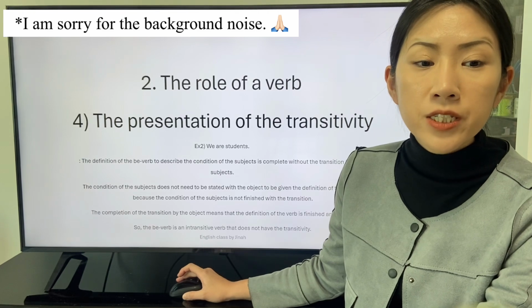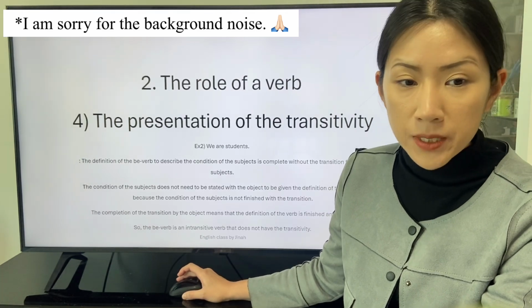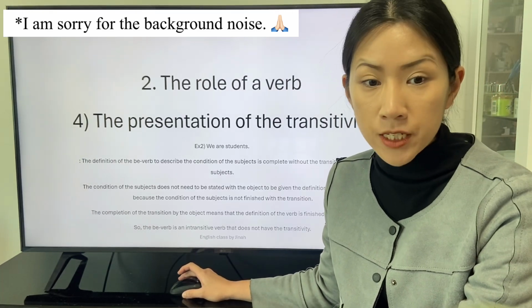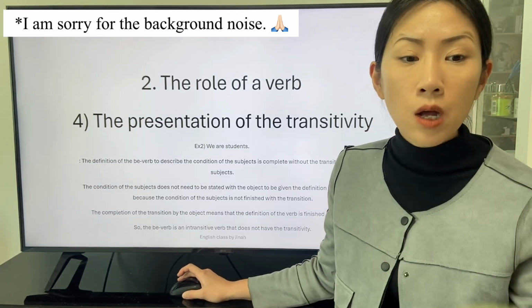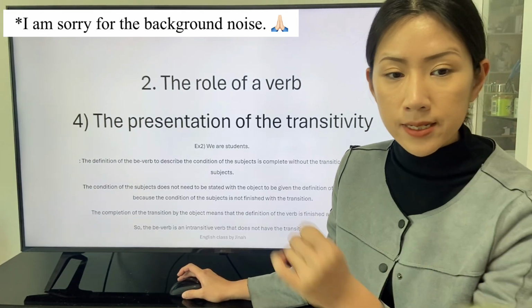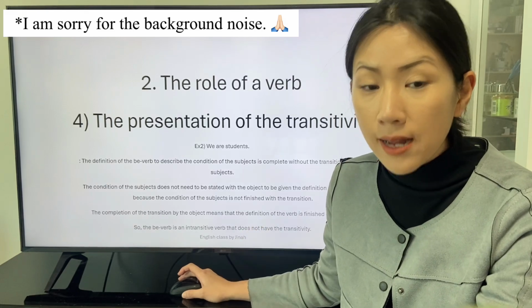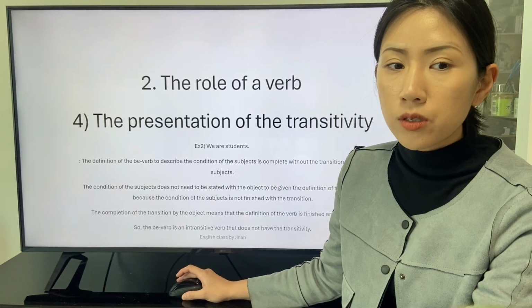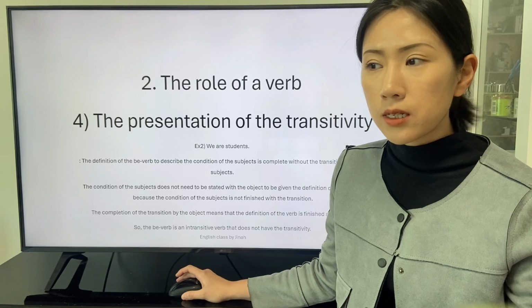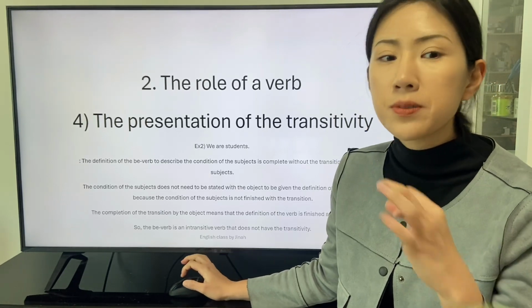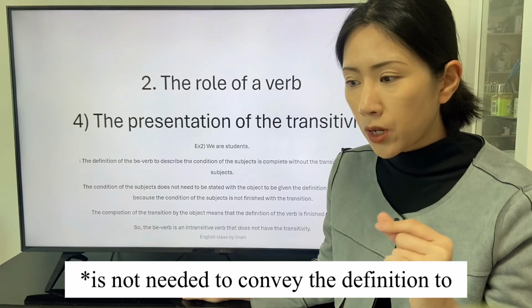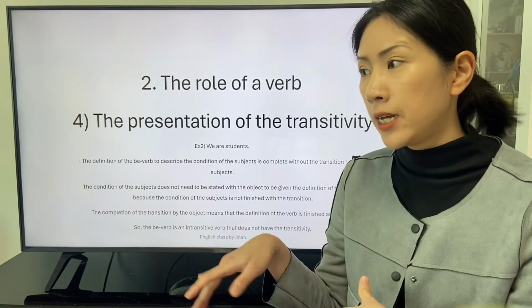The completion of the transition by the object means that the definition of the verb is finished and invalid. So the be-verb is an intransitive verb that does not have the transitivity. The condition of the subject described by the be-verb does not need any object.